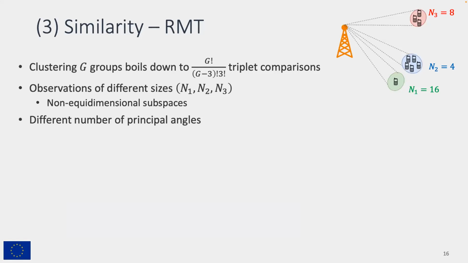To give an idea of how this actually works, let's consider a scenario where we have three groups, the green one, the blue one, the red one. The interesting point here is that each of those groups has a different number of antennas. The green one would have 16, the blue one would have 4, and the red one would have 8. What would happen if we start to compare the similarity between those users? Assume that the channels are following a Gaussian distribution style, regardless.